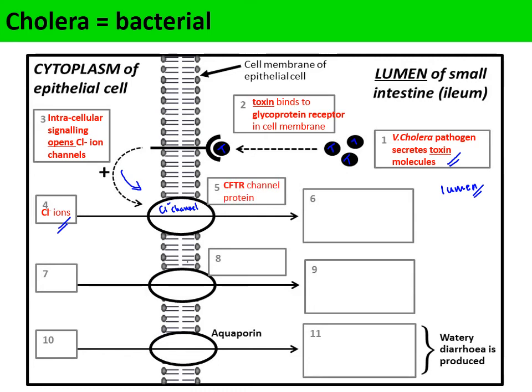Now the chloride ion channel protein is actually called the CFTR channel protein, and that stands for cystic fibrosis transmembrane regulator. Now you don't have to remember that name, but as you can imagine, this is a protein that's also involved in cystic fibrosis. And in CF, or cystic fibrosis, there's a mutation in the allele or gene that codes for the protein. So there's a shortened non-functional chloride ion channel in cystic fibrosis patients.